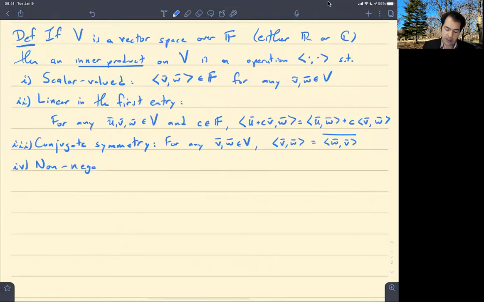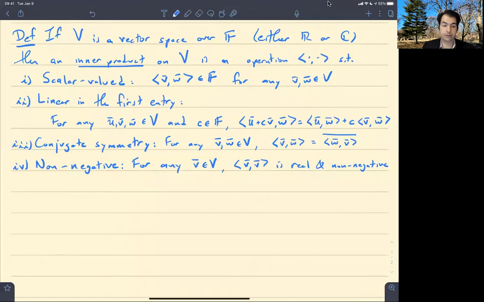Fourth property is that it is non-negative, right? So this says for any vector, the inner product of a vector with itself is a real number and non-negative. And finally, the inner product is definite.